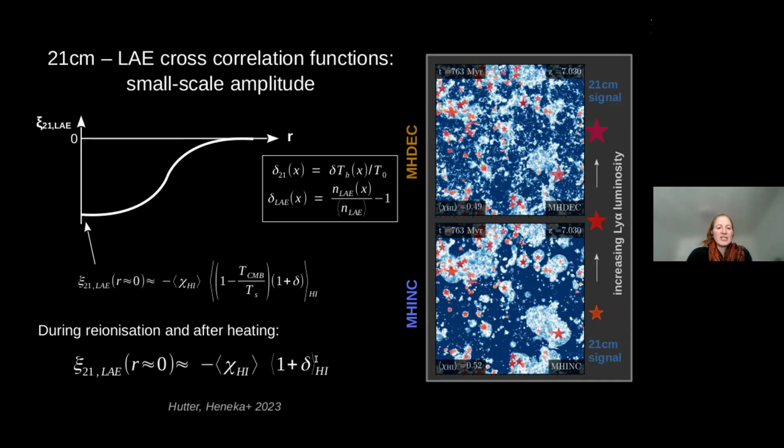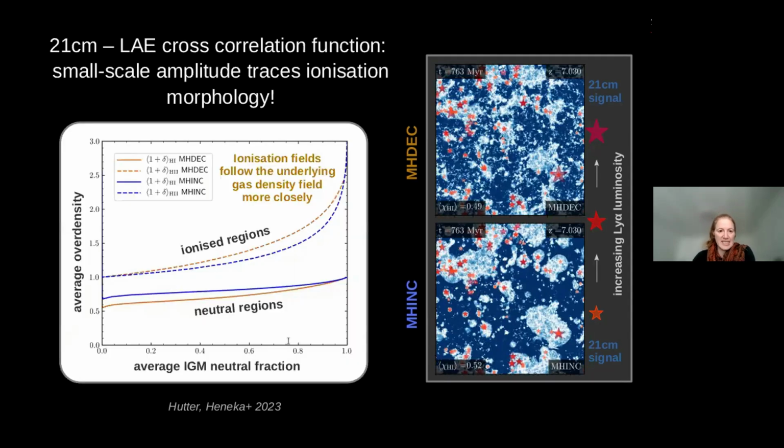And so this is actually really interesting because now you can compute for these different scenarios whether the average density in the neutral regions differ. And indeed it does. So if you compare the scenarios where the faint galaxies drive reionization, you can see that the ionization fields follow more closely the underlying gas density field.